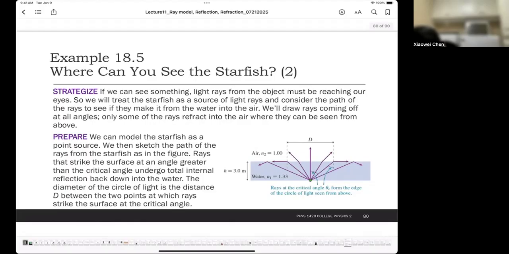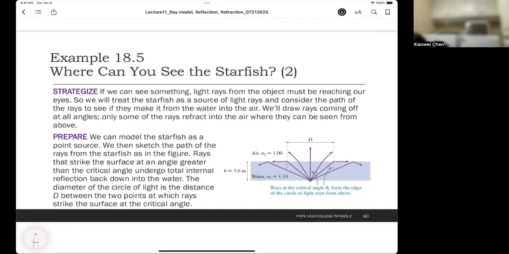That makes sense to you? This is the starfish, and only this light can be seen. This one cannot be seen. So this distance is what we want to calculate.